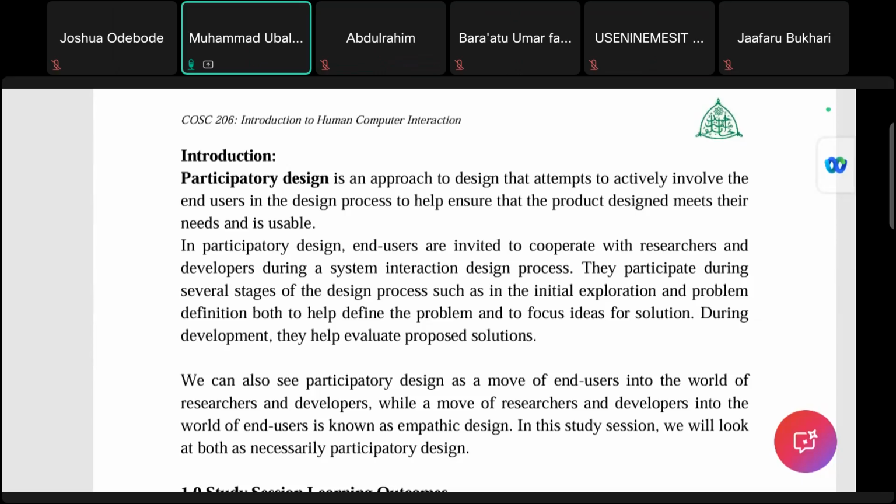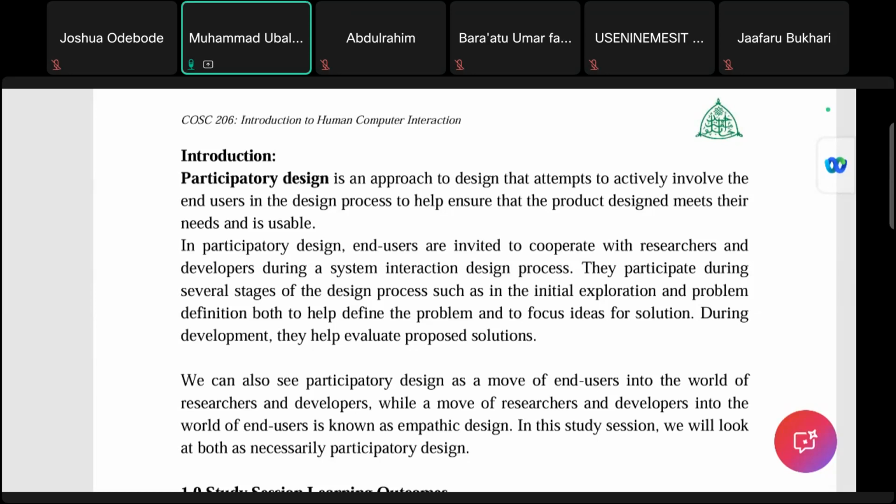So it promotes shared understanding and ownership. We can also say that participatory design can also be viewed alongside empathic design, where designers immerse themselves in the user's environment. Both approaches emphasize collaboration between users and developers.